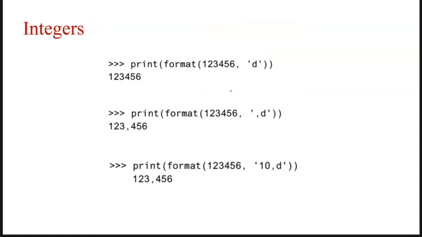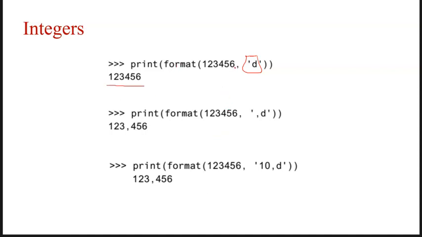Now, if you are dealing with integers, we have seen floats, exponentials, and percentages, and integers are the last thing we'll see today. Let's say that you want to print out in the form of integers. You can just use d, which prints out the number in the form of an integer.